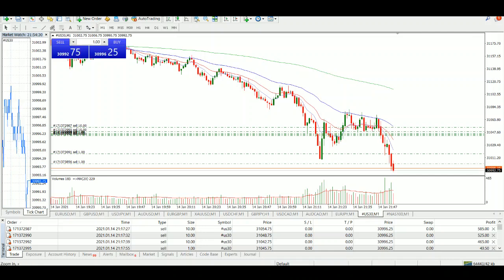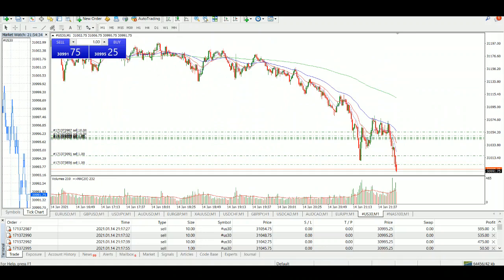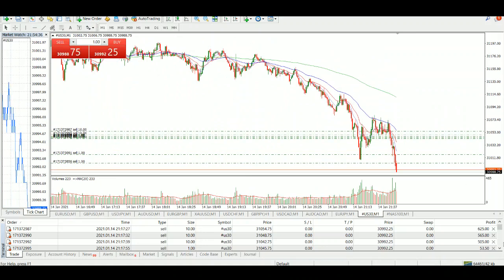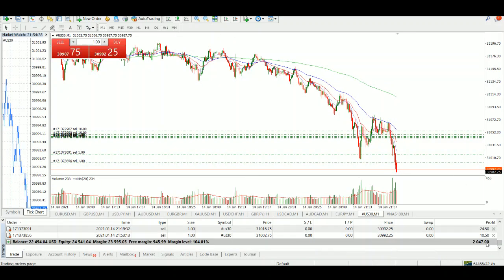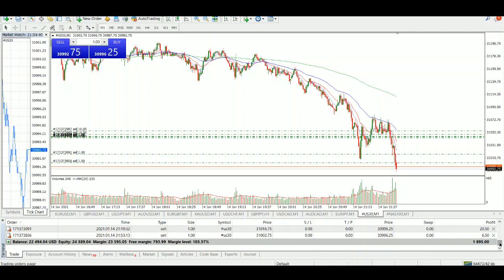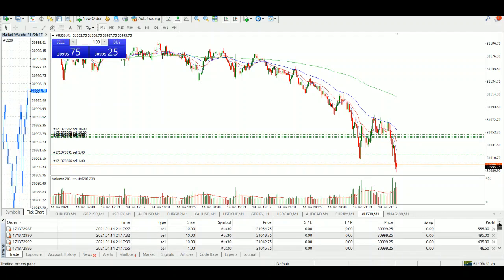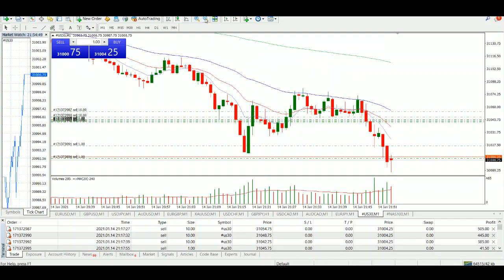And continuing much further, creating new lows for the day. Here we are, $2,000 in profits, and we are still continuing. 2K, and we are still continuing. That's how you make thousands of dollars in minutes.